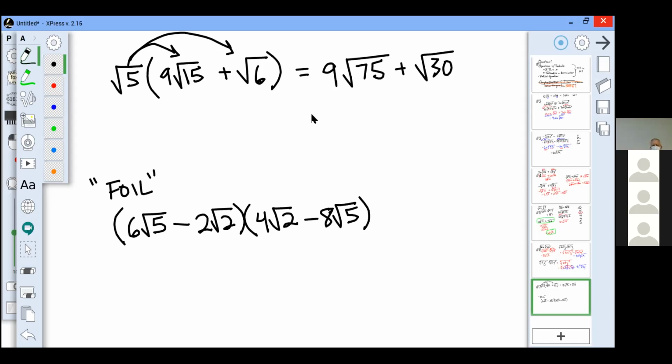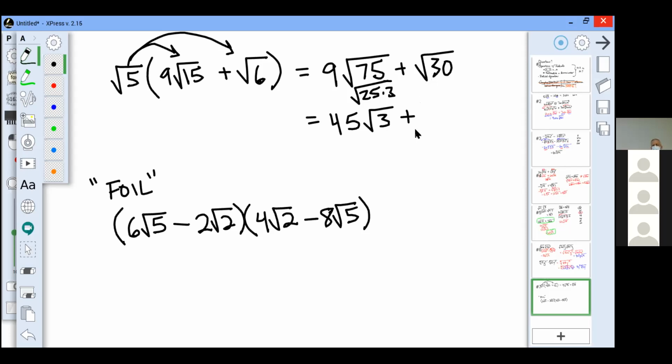Now we can simplify this one because inside of 75 is a 25 and a 3. So we can bring the 5 out and multiply it to the 9. And the 3 is going to go there. But there aren't any perfect square factors inside of 30.